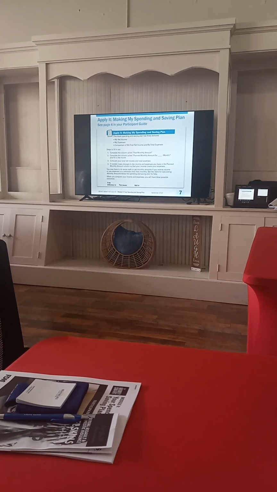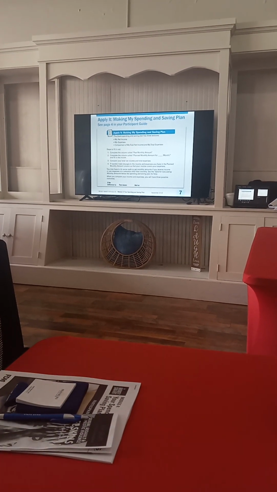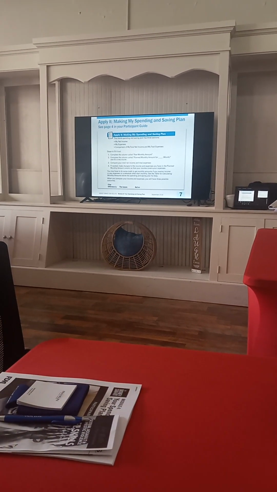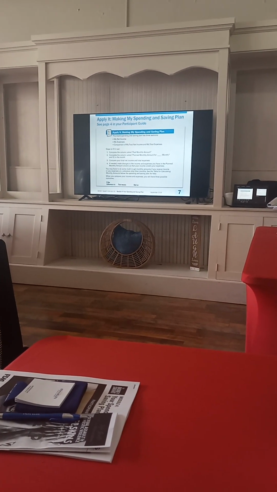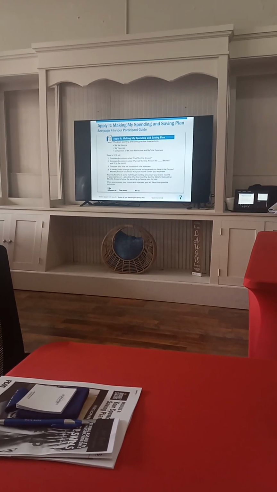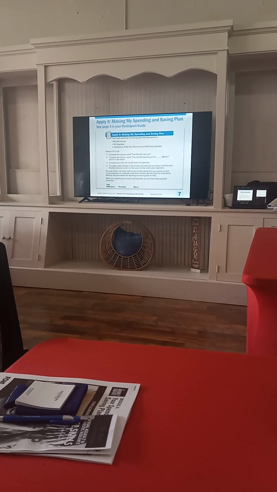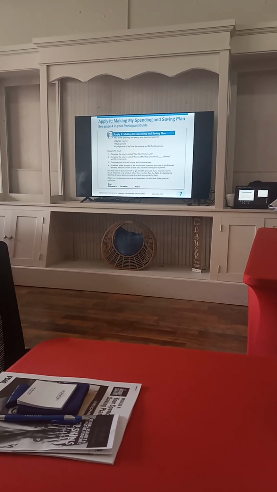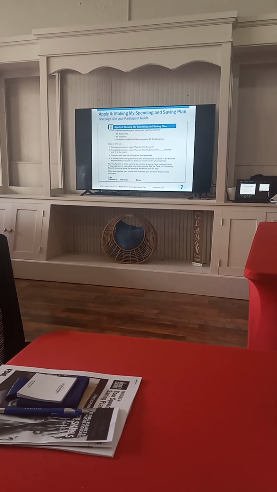So we need to apply it. If you look at page 4 of your guide, you'll have this. First, you use your net income. We talked last month about gross income and net income. The net income is what we bring home, the money we actually have out of our paycheck that we can spend.